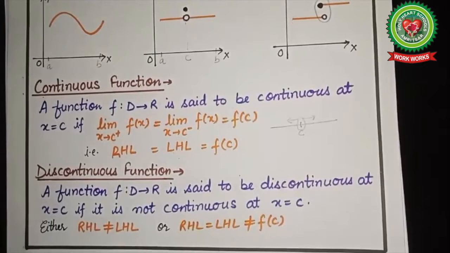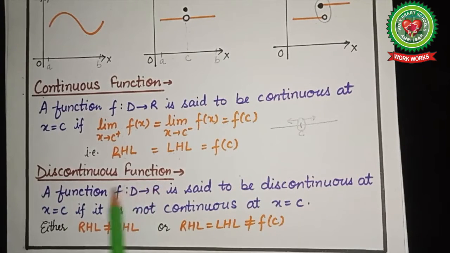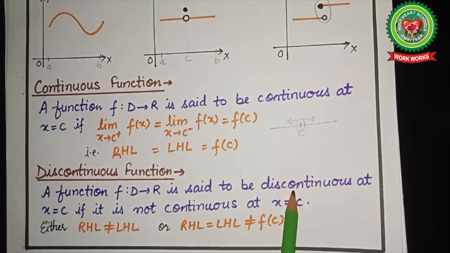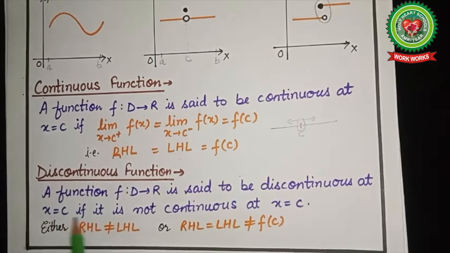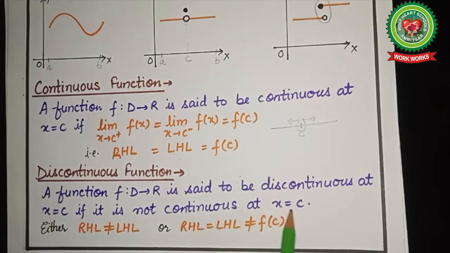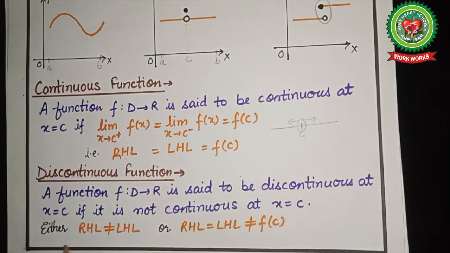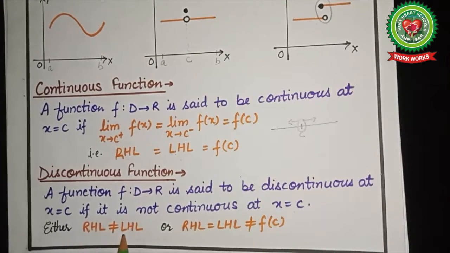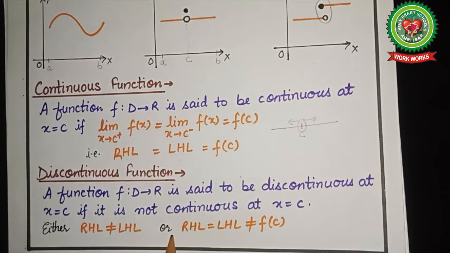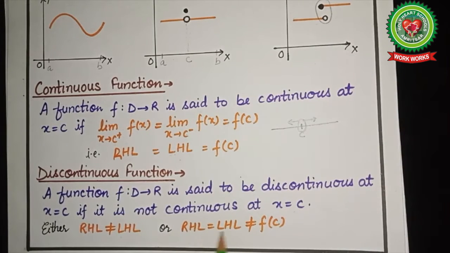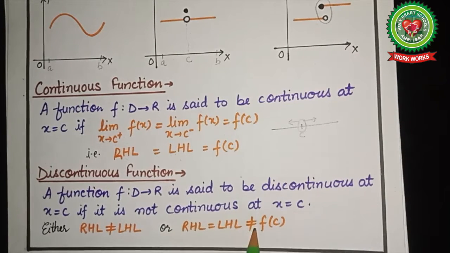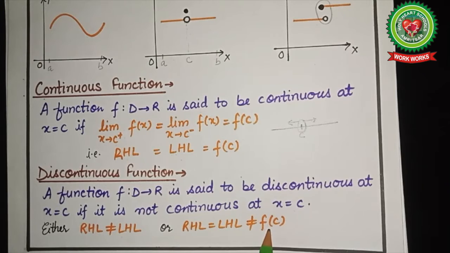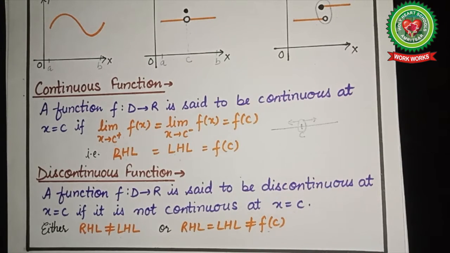So, discontinuous function: a function is said to be discontinuous at x equal to c if it is not continuous at x equal to c. So, two conditions are there. Firstly, either right hand limit is not equal to left hand limit, or second case may be there, right hand limit and left hand limit are equal, but the value of the function at that point is not equal. Now, let's do some examples based on it.